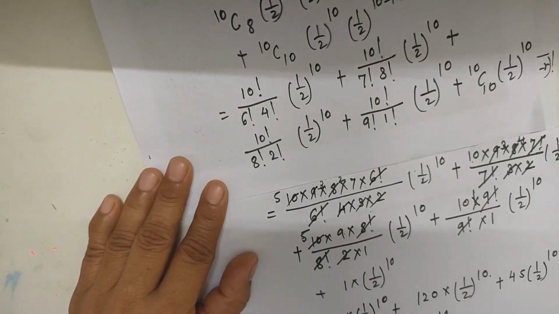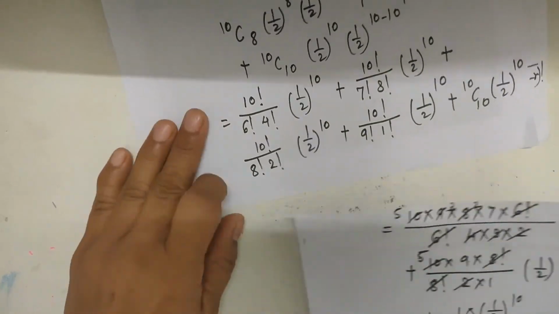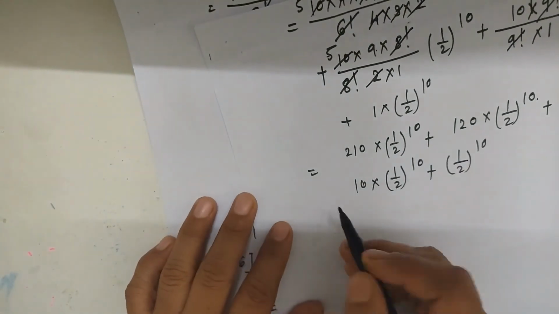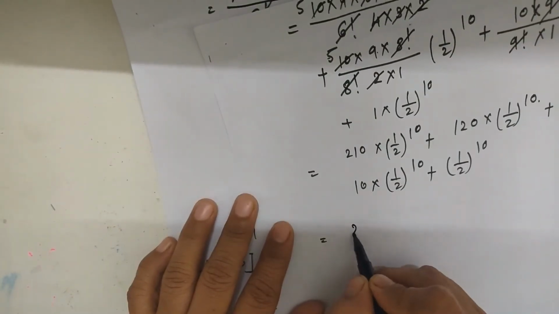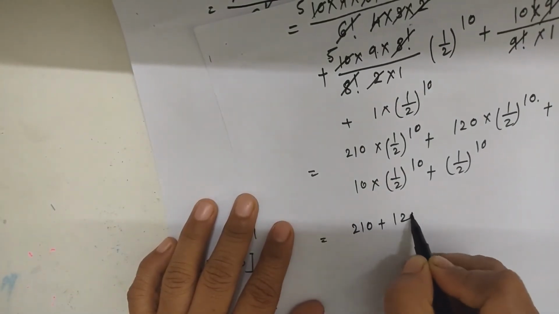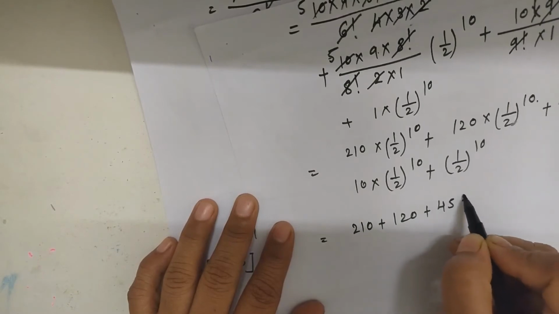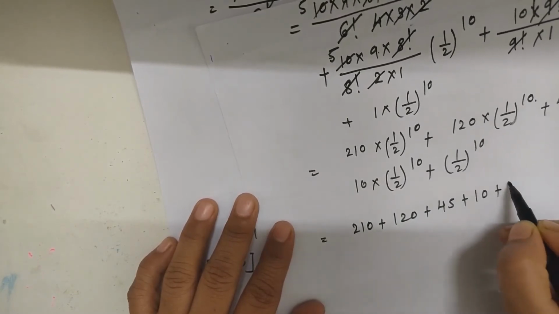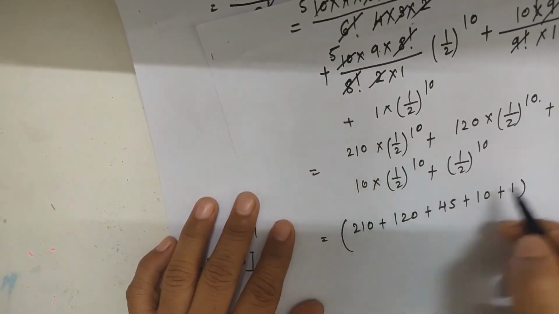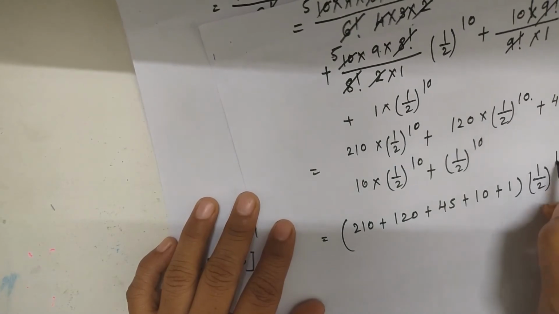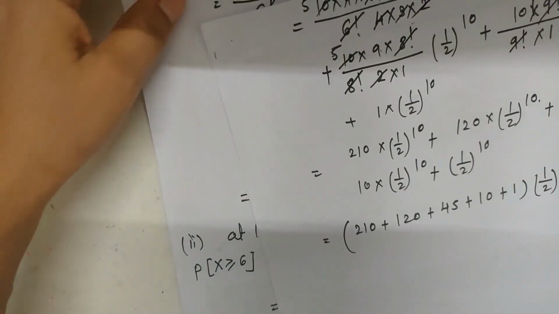Here 1 by 2 raised to 10 is common in each term, and calculation of the remaining terms: 210 plus 120 plus 45 plus 10 plus 1, into 1 by 2 raised to 10 as common.